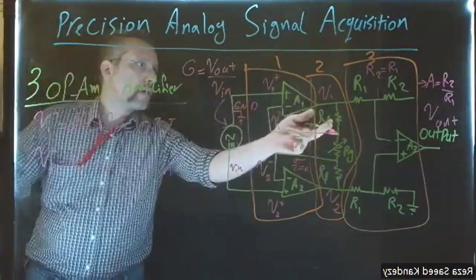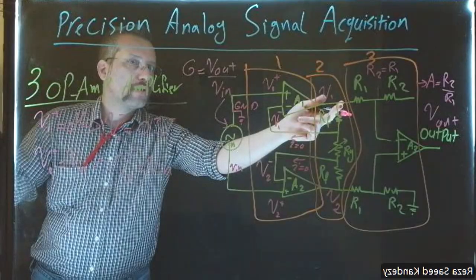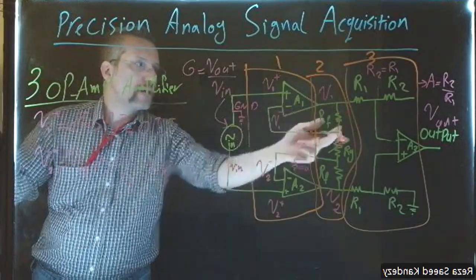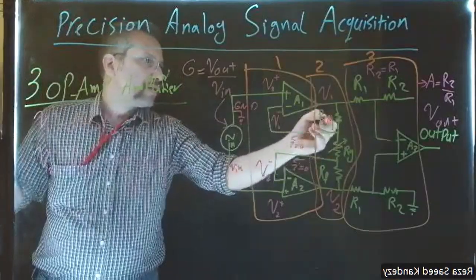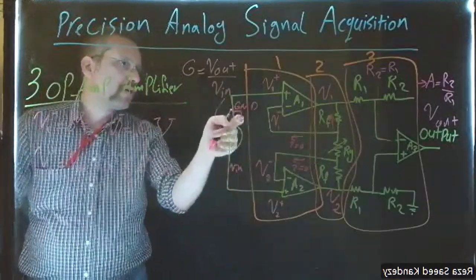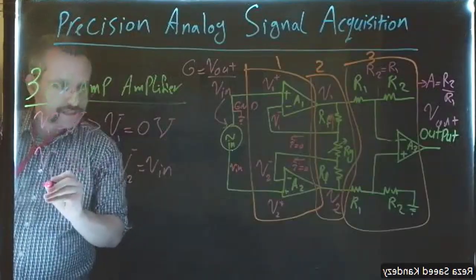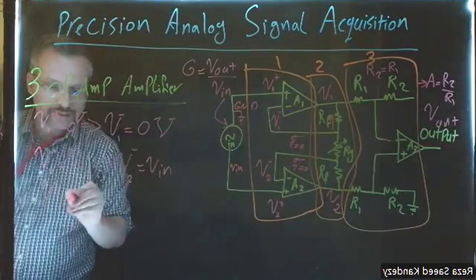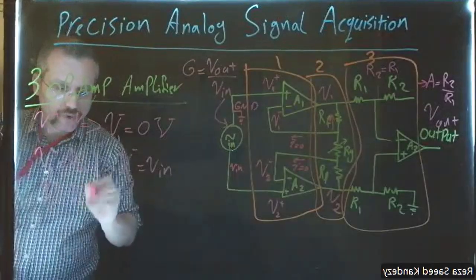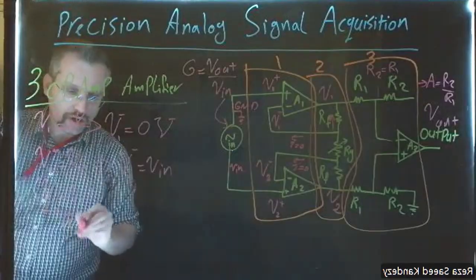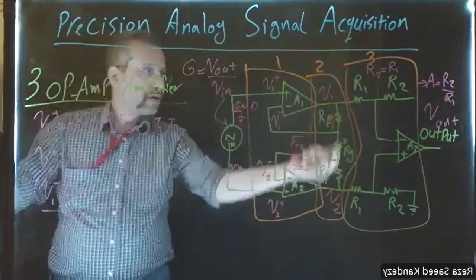For the first one, we have V1 at one side of the resistor and V1 inverting at the other side. Consider the current going that way, because we have the positive here, this is the ground, current that way. Ohm's law says V1 minus V1 inverting over RF is going to be the current here, and it's equal to the current over RG.